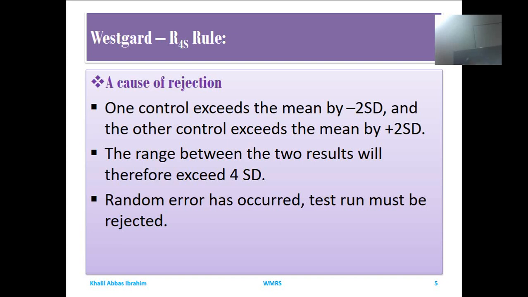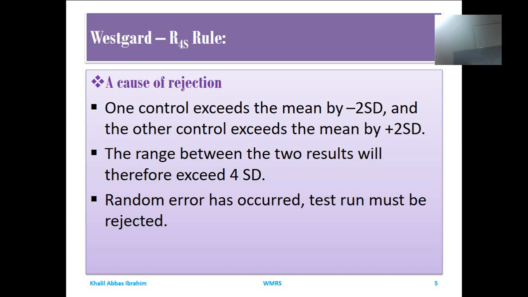It means that the system comprises multiple control chains or only two control materials. The value of one control material is above the mean by plus 2 standard deviations, and the other is below the mean by 2 standard deviations.